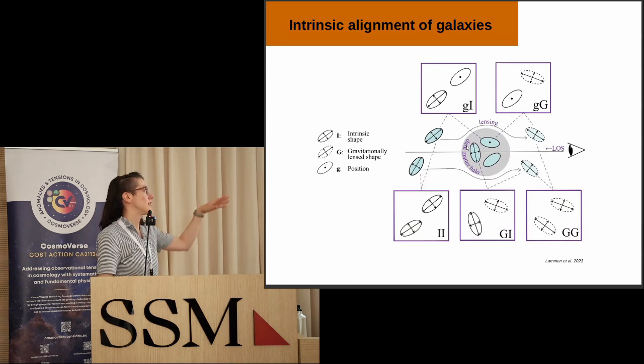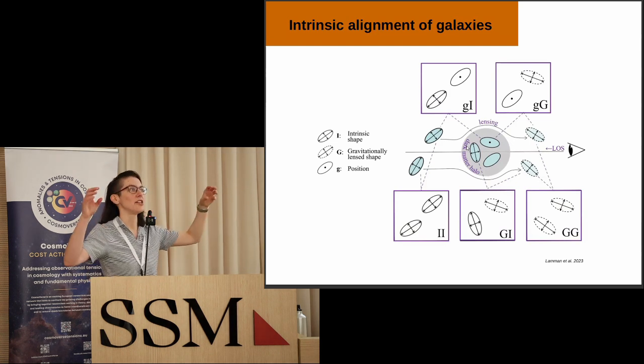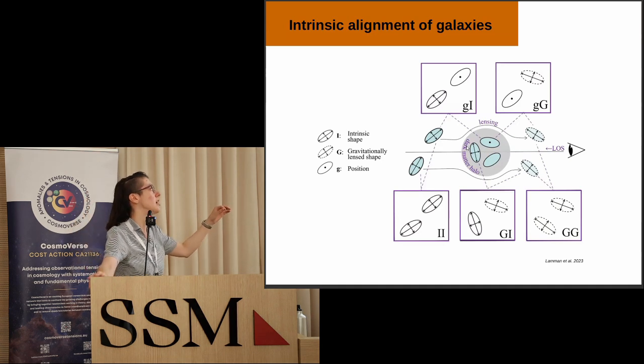This is an illustration of that. We have an impact on the cosmic shear, the shape case, in a few different ways. You have a term associated with two galaxies which are correlated in their shape due to being physically near the same dark matter structure, and therefore having tidal effects correlating them. We also can have an effect on the galaxy-galaxy lensing case.